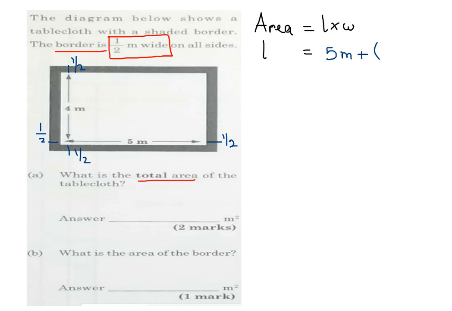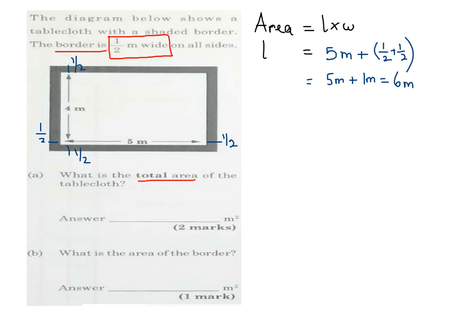So for us to get the total length, we're adding in that ½ meter on both sides of the length. So a half plus a half is a whole. So we're adding on a whole extra meter to our length. And this gives me 6 meters. So my length is 6 meters.